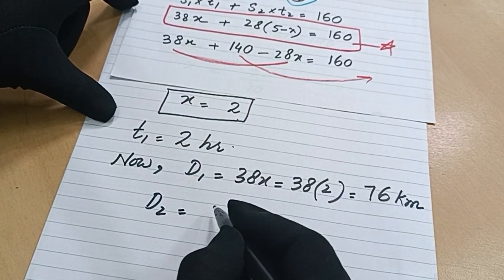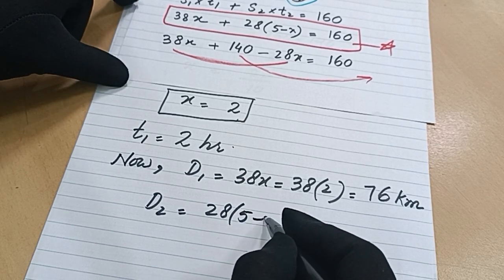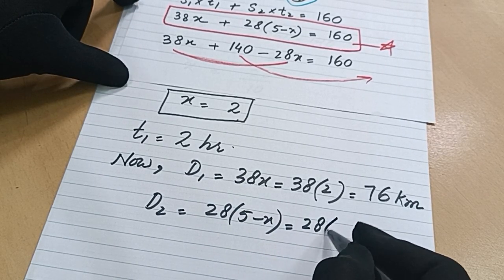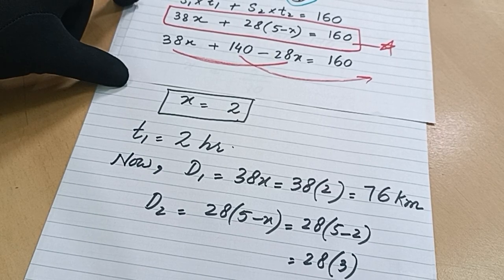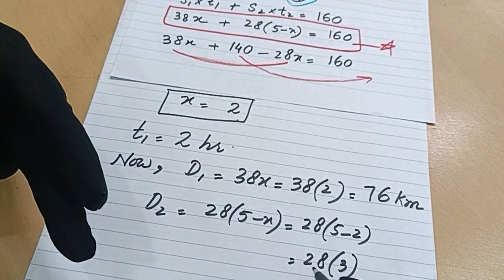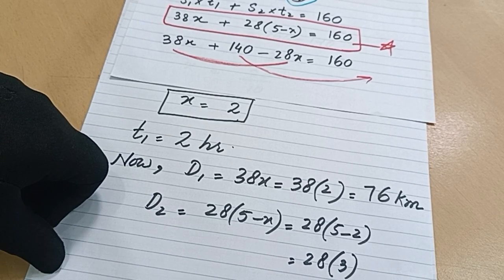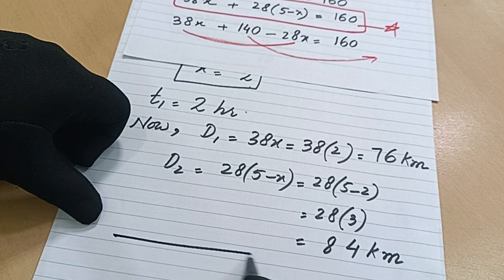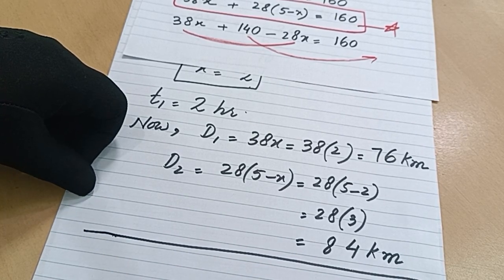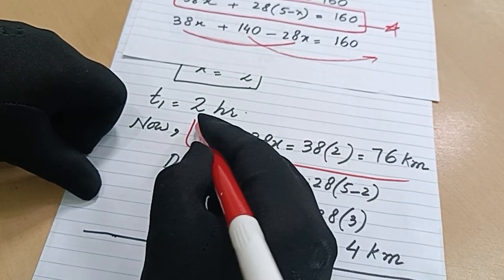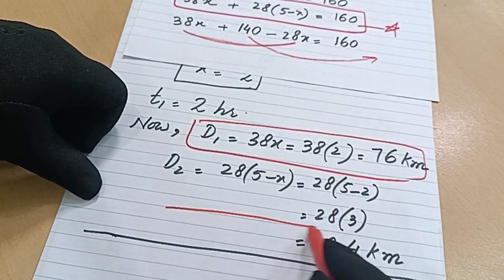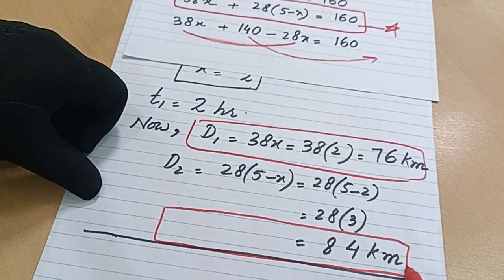Now the second distance is 28 times 5 minus x. Put the value of x as 2, it will be 28 times 5 minus 2, which is 3. 3 8s are 24, 2 carry, 3 2s are 6 and 2, 8. So 84 kilometers. Hence both the distances, at the first rate and at the second rate, are done.